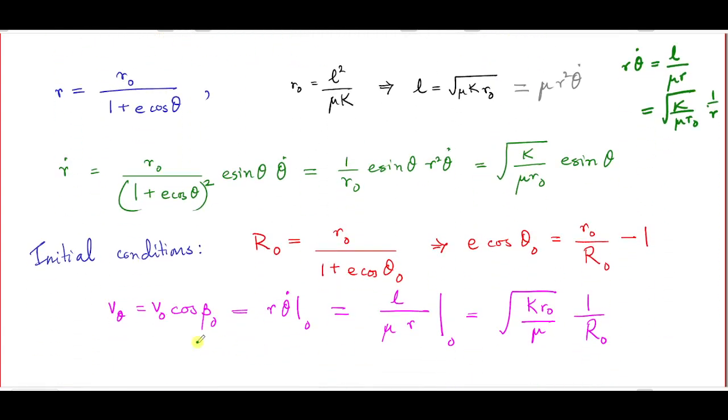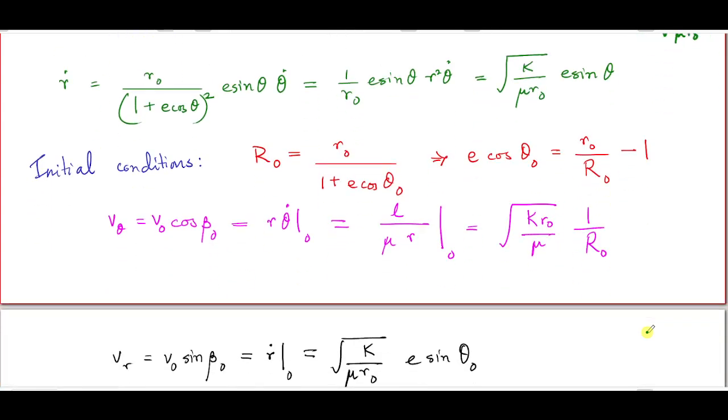Now v0 cosine beta 0 is nothing but the value of r theta dot at this initial condition, or L over mu r at this initial condition, which after we put in all of this works out to be minus square root of k r0 by mu into 1 over capital R0. This same expression with small r being replaced by capital R0.